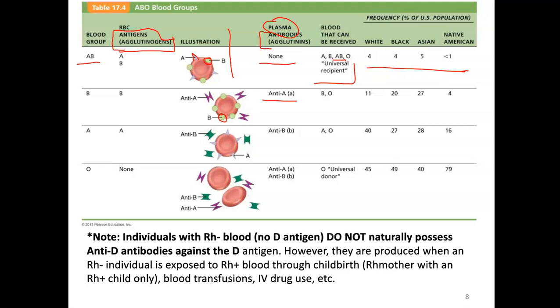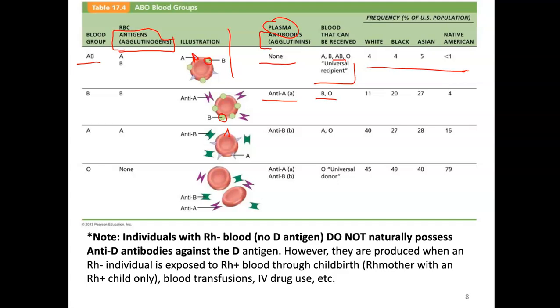That means any blood type that has the A antigen cannot donate to type B blood. Type AB blood has the A antigen, so it cannot donate to type B blood. Type A blood obviously has the A antigen, so it cannot donate to type B blood. So the only blood that type B can receive is from other type B people and type O.